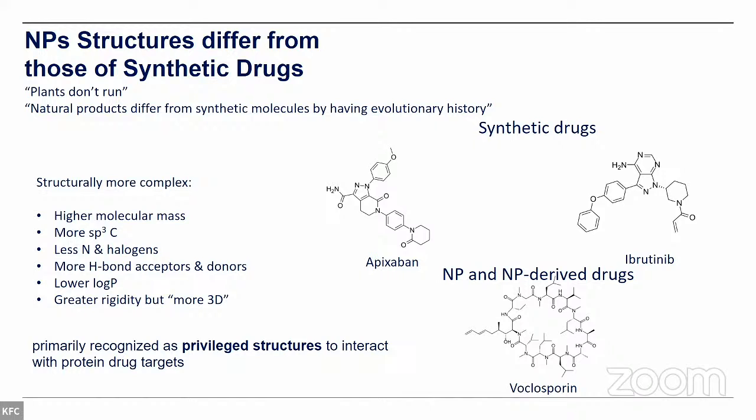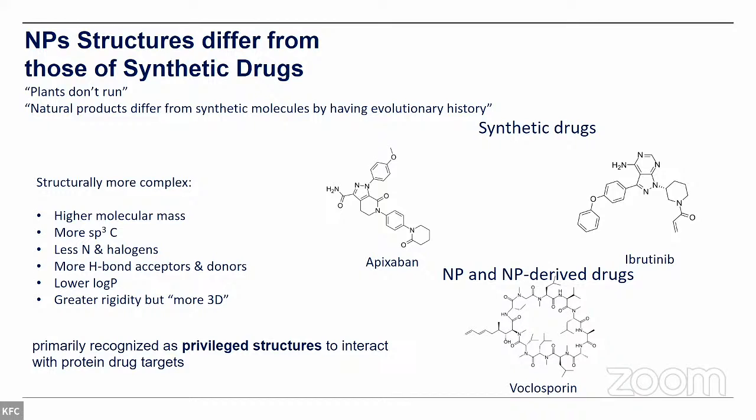Natural product-derived drugs mostly have higher molecular mass, not always, if we think, for example, about aspirin, but mostly they have higher molecular mass, more sp3 carbons, definitely fewer nitrogens and halogens, more acceptors and donors, lower lipophilicity, which is not always a good thing, but at the same time, they have these more specific 3D rigid structures, which basically makes them privileged to interact with the 3D protein target.